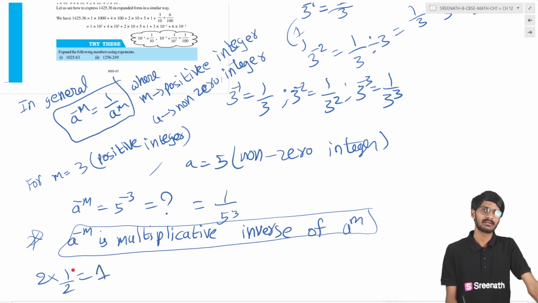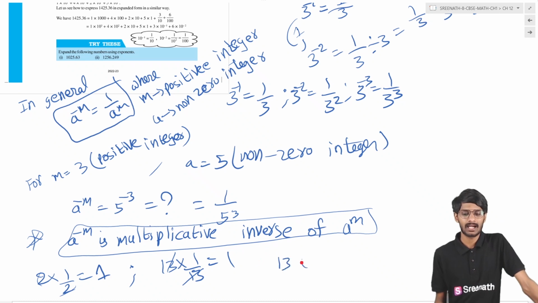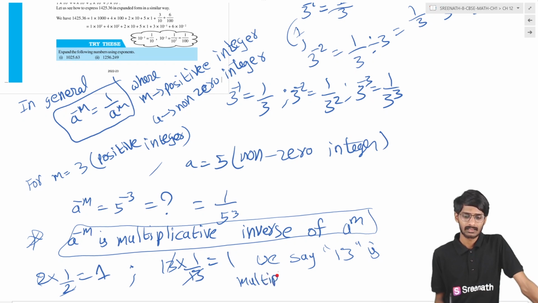The answer is 1. If you multiply 13 into 1 by 13, what is the answer? That is 1. So we say 13 is the multiplicative inverse of 1 by 13, and 1 by 13 is the multiplicative inverse of 13, students.